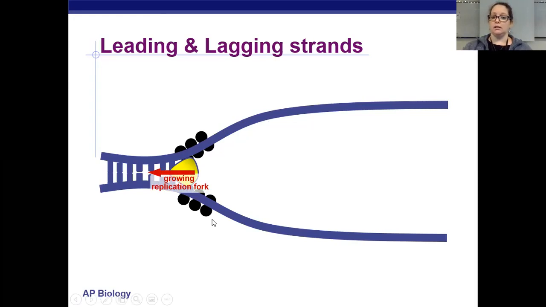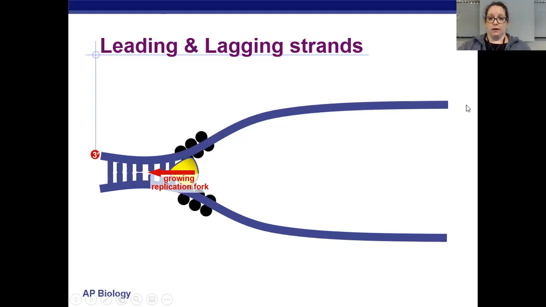What are these on either side of the replication fork? These are SSBPs, our single-stranded binding proteins that make the parent strands stay apart. Remember, otherwise they would just twist right back together with their hydrogen bonds reforming, and that's called re-annealing.